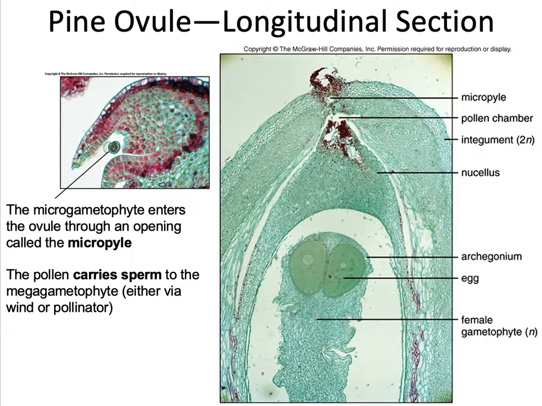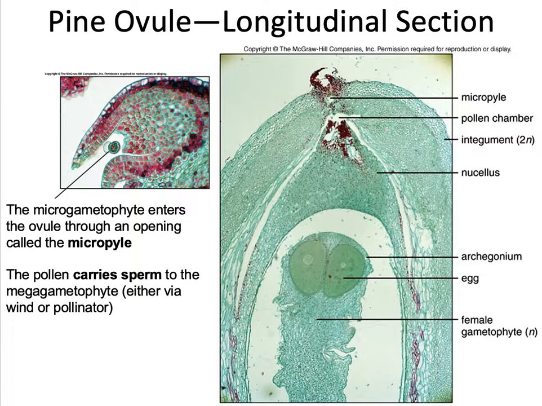So on this slide, we can see a longitudinal section through our pine ovule, and we can see all of the different layers of tissue, including the integument, the nucellus, the female gametophyte, and the archegonium that contains the egg. Now, how does the pollen grain get to the egg? Well, the microgametophyte with those little ears blows through the wind and enters through an opening called the micropyle.